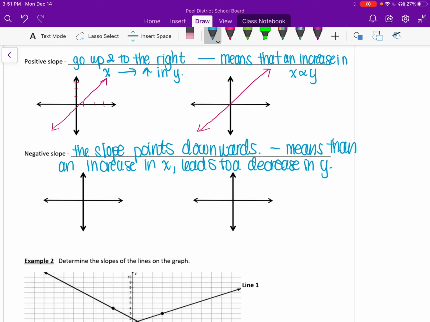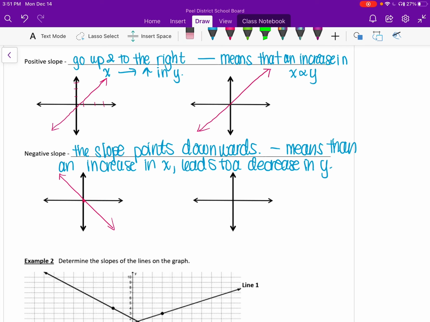So as I make the x values larger, the y values get lower, right? So if I go from 0 to 1 to 2 to 3, the y values get significantly lower, right? They start to become negatives.